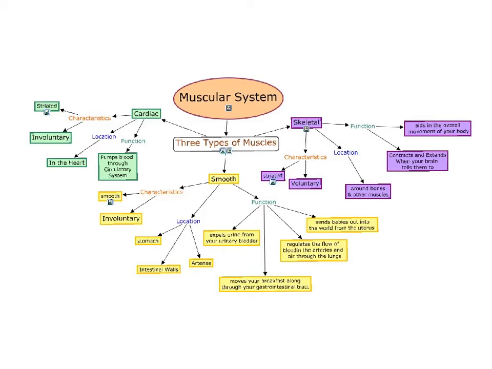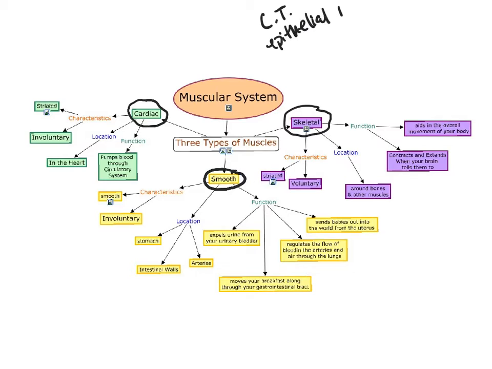So today we're learning about the muscular system, and primarily we're going to focus on skeletal muscle. But there's also smooth muscle and cardiac muscle. And remember the tissues we've learned about so far. We've learned about connective tissue. We've learned about epithelial tissue. And we are learning about muscular or muscle tissue now. And then the very last one that we'll learn about in the next week is neural tissue.